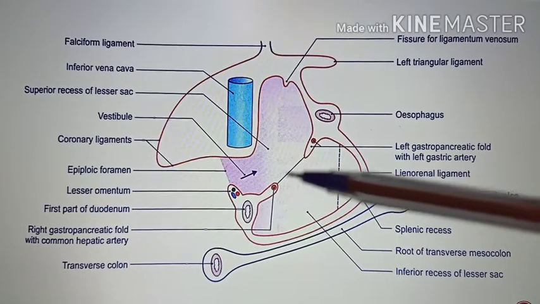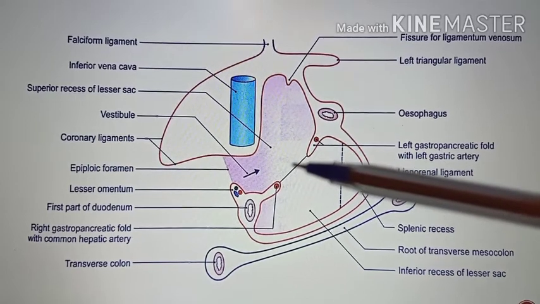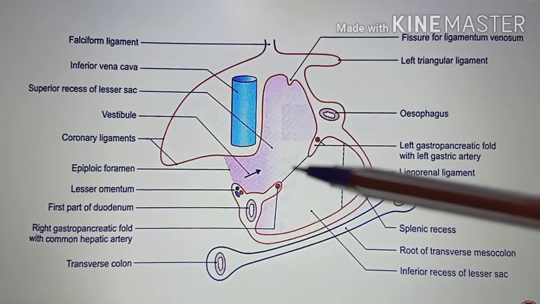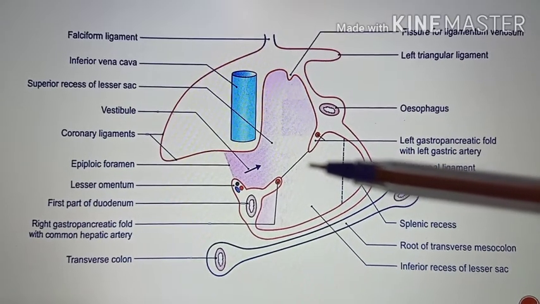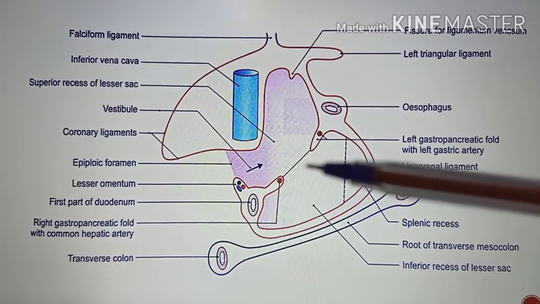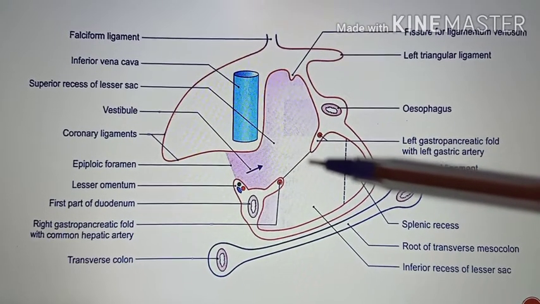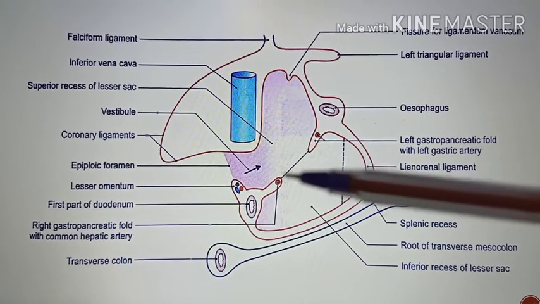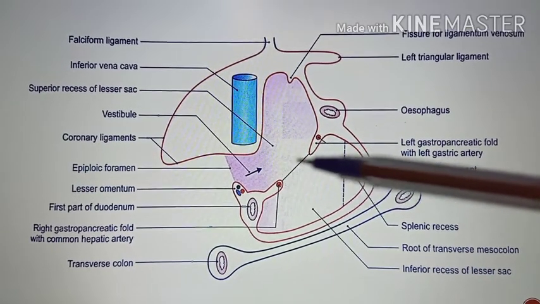Both these gastropancreatic folds meet at the ends and form an aperture known as the foramen bursa omentii majoris. Foramen bursa, B-U-R-S-A, omentii, O-M-E-N-T-I, majoris, M-A-J-O-R-I-S.